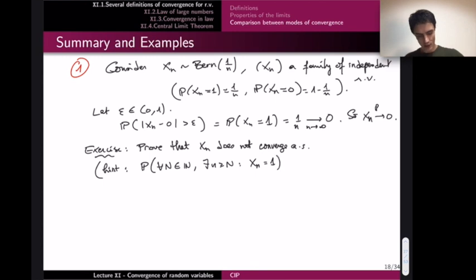If you take the contrapositive statement of this event, you will get that this is indeed the convergence to 0. So you look at this event, you try to do some computations. You try to, in particular, find a lower bound, and you try to prove that it converges to 1. In particular, this means that this converges to 1, which is exactly saying that Xn does not converge almost surely. So you can try this.